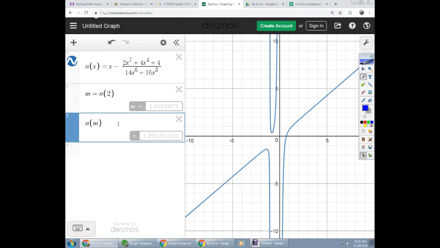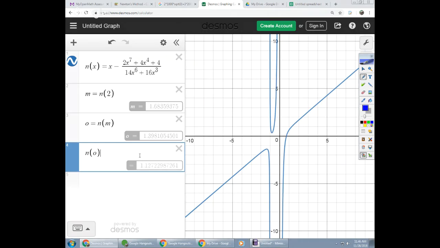And then you could let that be O. And if you needed another, you'd say, what is n of O? Otherwise, you have to type in what you see there, and then you're introducing rounding error, but there's a sufficient number of decimal places there that rounding error is probably not a big deal. Why can't you do a table?